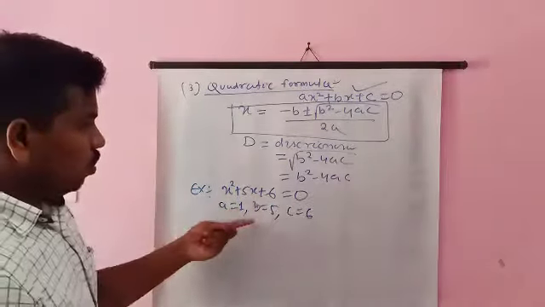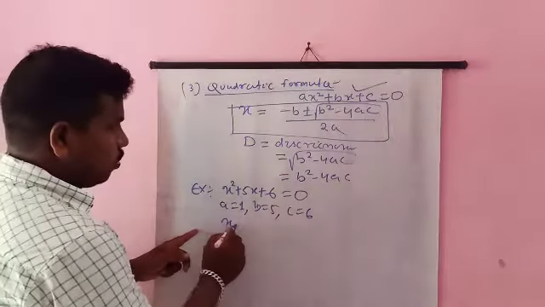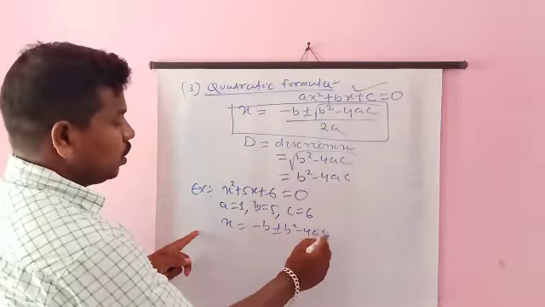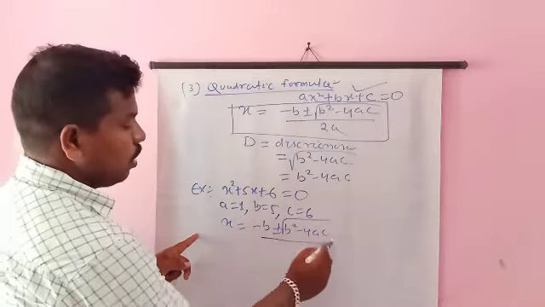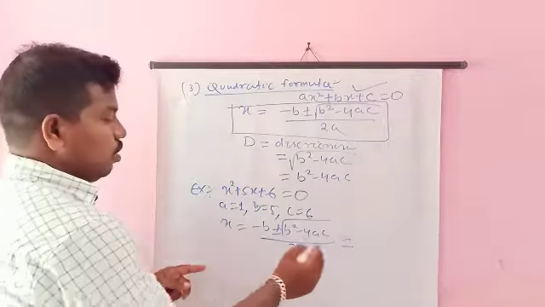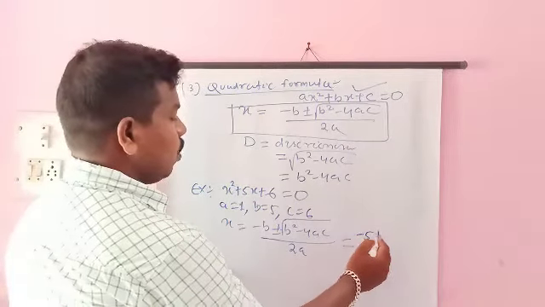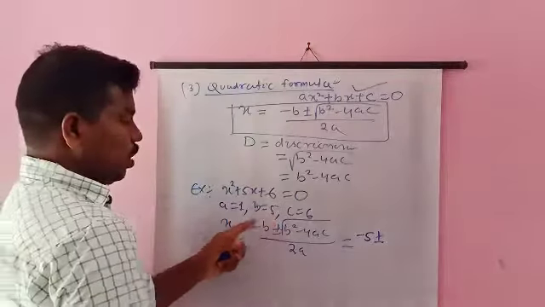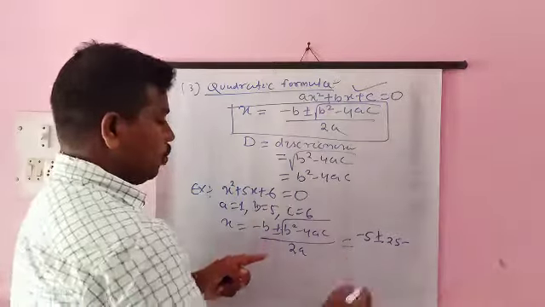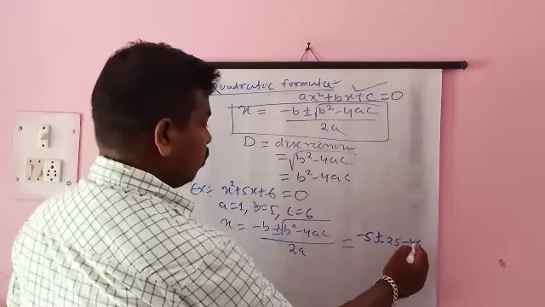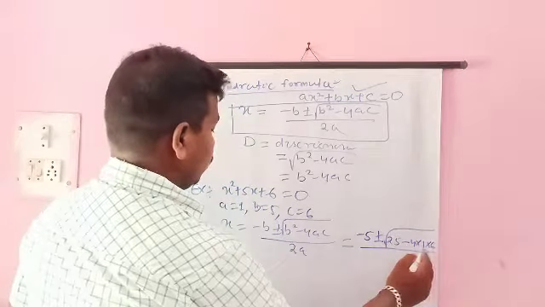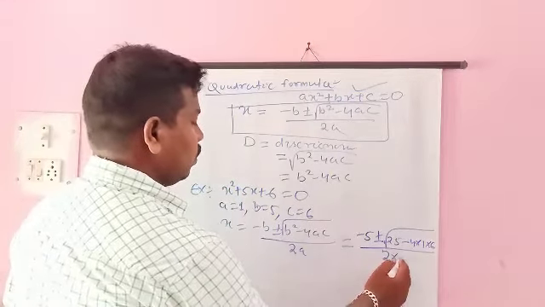Now to find the solution, use the formula x equal to minus b plus minus root over b square minus 4ac, divided by 2a. Here b equal to 5, that means minus b is minus 5, plus minus b square means 5 square, that is 25, minus 4ac, with a equal to 1 and c equal to 6, divided by 2a. 2 into a equal to 1, 2 into 1.